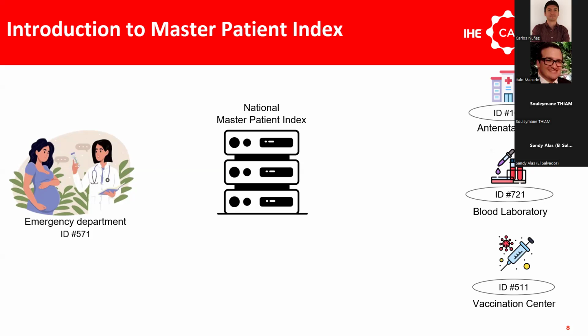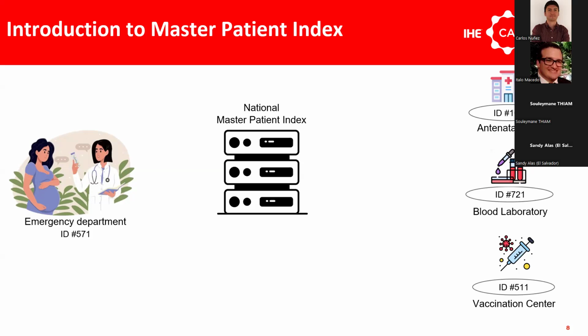So that means Brenda will have 2 different names. The first one will be the right one, and the second one will be, for example, the wrong one, because when they type the name, they made some mistake. So in the MPI, we have the possibility to fix that issue, to merge both patient names into one patient form in the MPI.